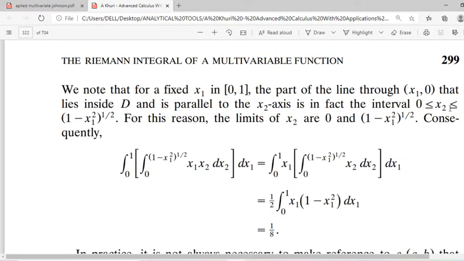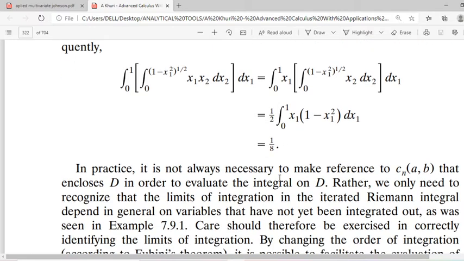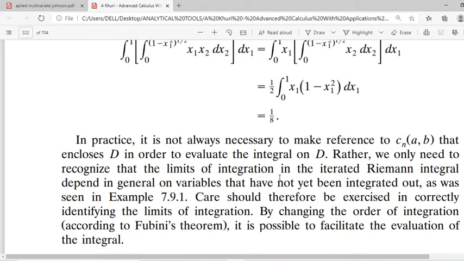That can be done by you, no problem. x1 can be taken outside, and we just integrate with respect to x2 only. The result is nothing but 1 minus x1 square times x1, with 1 by 2, dx1. This is a simple integration, and we get 1 by 8. So this is the area.